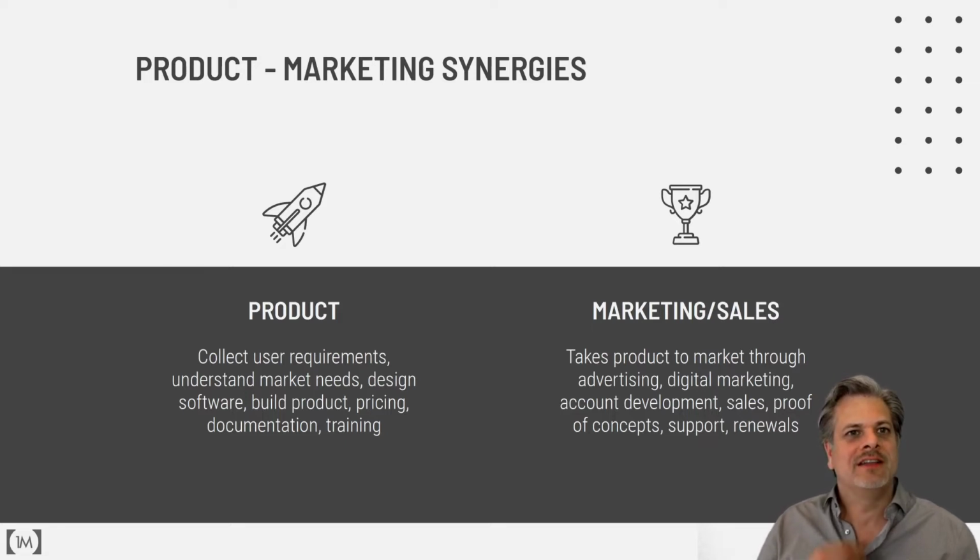They take the product, they share it outside the company, they advertise for it, they help develop the sales process and develop leads, and ultimately that leads to a sale, support, and hopefully a renewal.